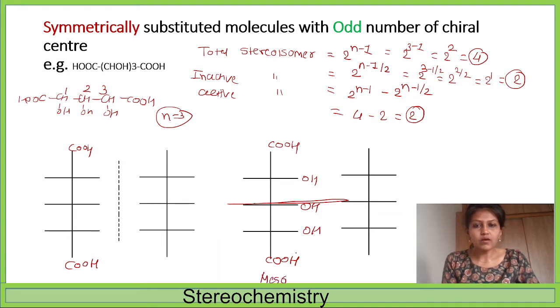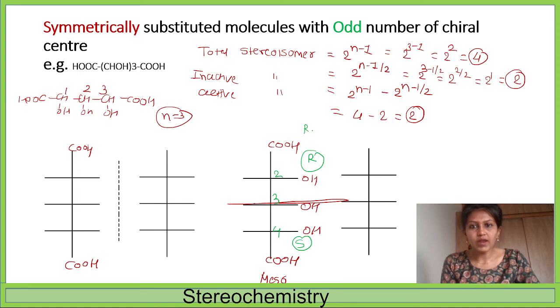If I assign the configuration, then in this molecule this chiral carbon is number 2, this is number 3, and this is number 4. The number 2 chiral center has R configuration and the number 4 chiral center has S configuration. Suppose I want to find out R or S at carbon number 3.